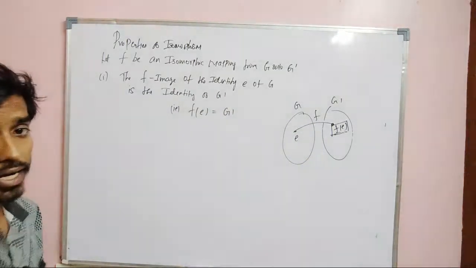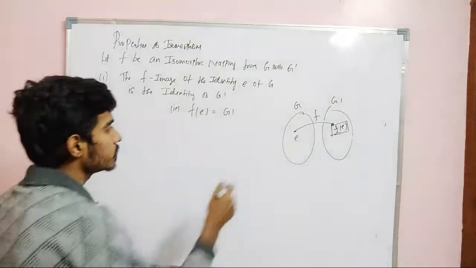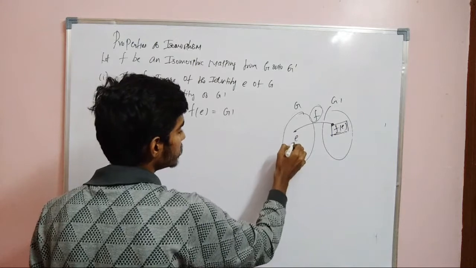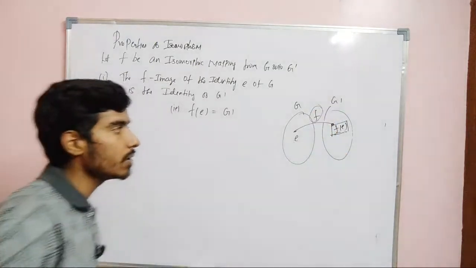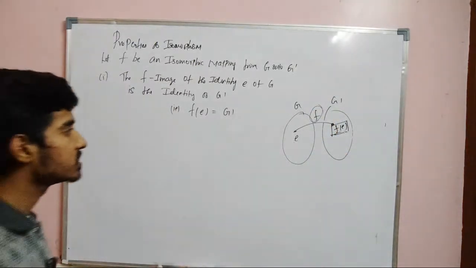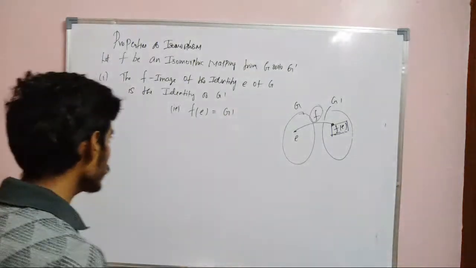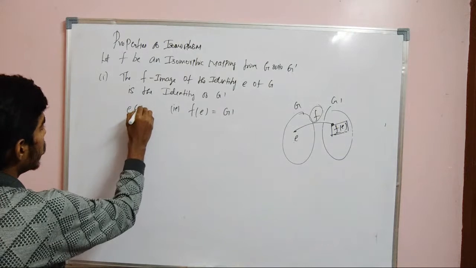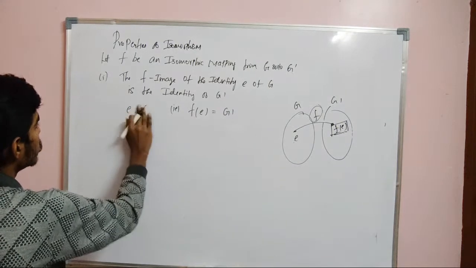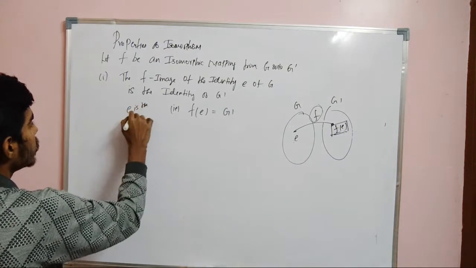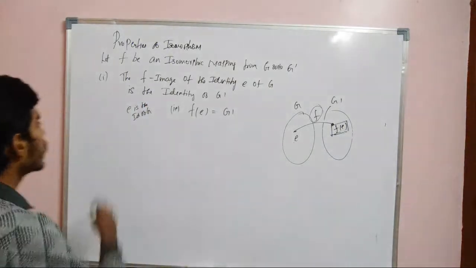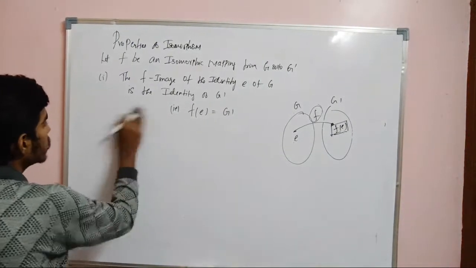So that identity will be F of E. If E is the identity of G, then F of E is the identity of G dash. That is the first property.